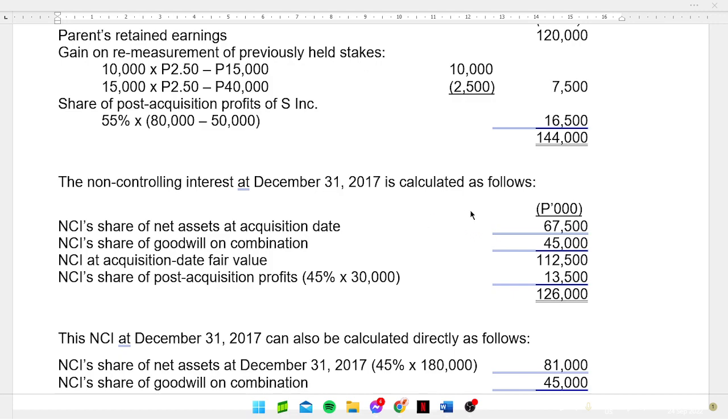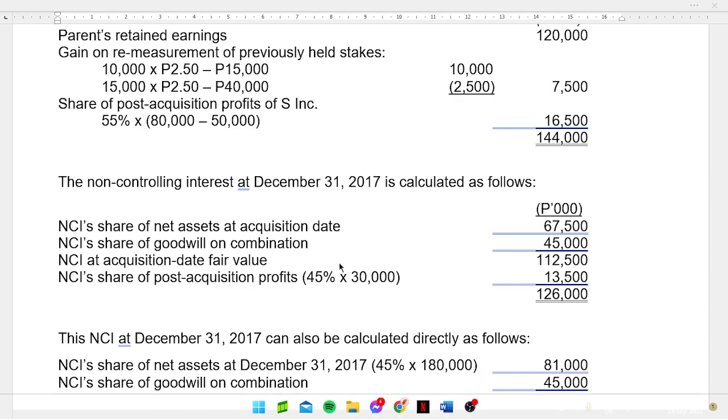The non-controlling interest at December 31, 2017 is calculated as follows. NCI share of net asset at acquisition date is 67,500. 150,000 less 82,500 to get the 67,500. The NCI share of goodwill on combination, which is 45,000, to get that 100,000 less 55,000.